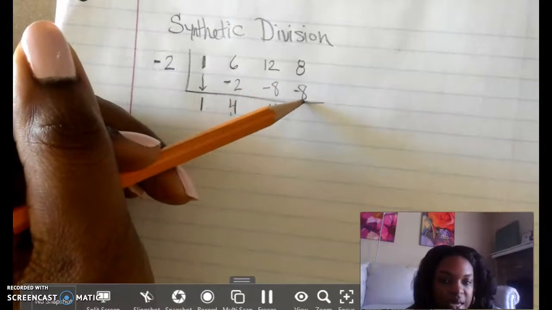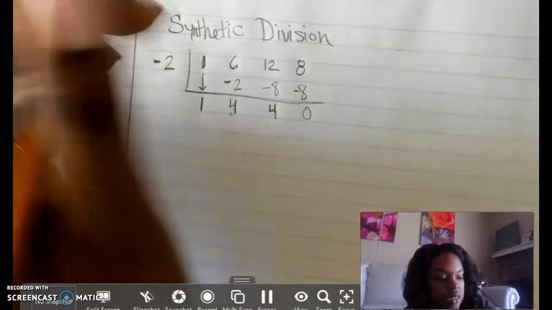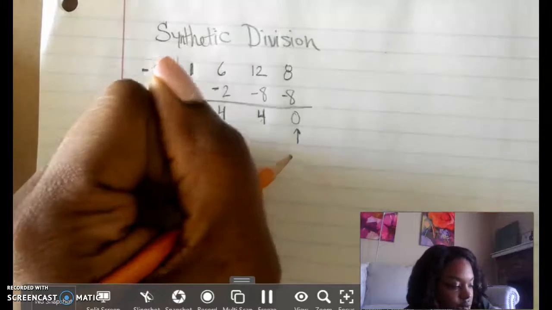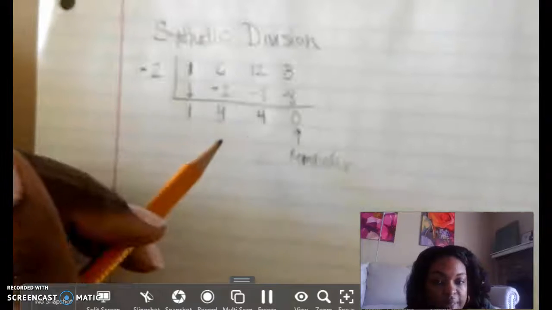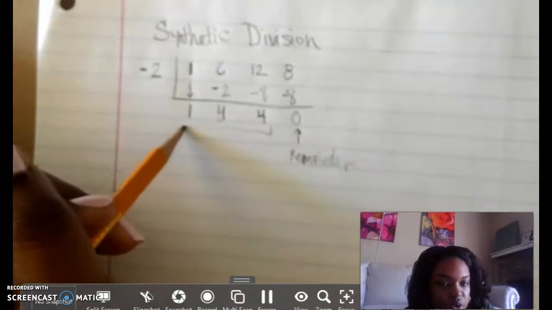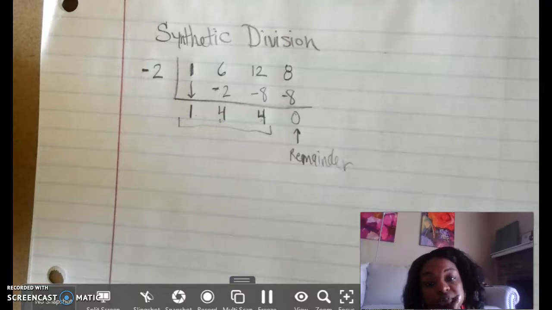And then once again, we add 8 and negative 8, and we're going to get 0. So this final number, once we can't add anything else, tells us our remainder. And these numbers are the coefficients of our quotient.